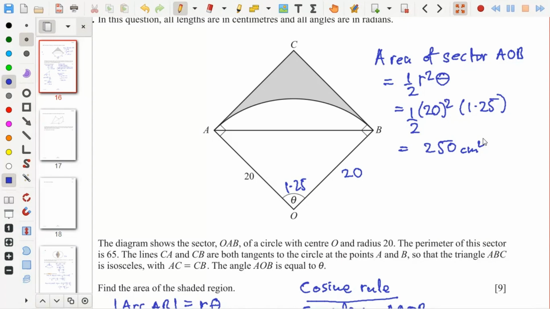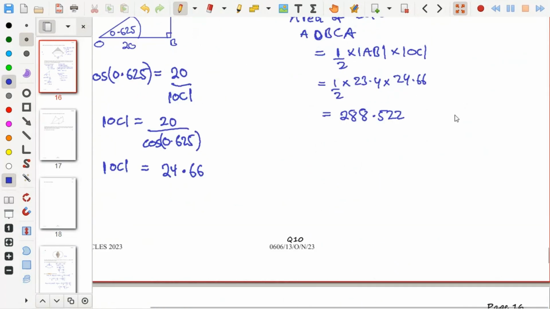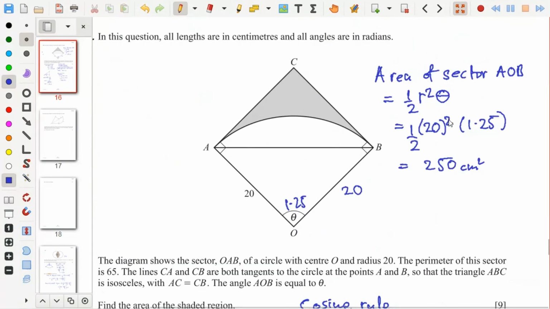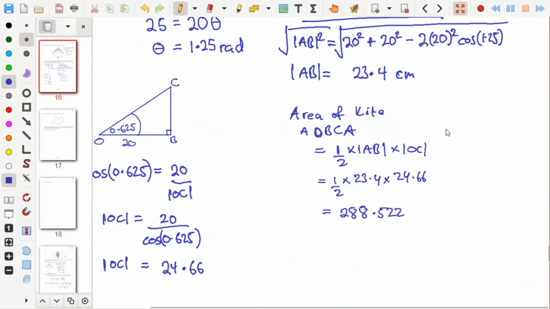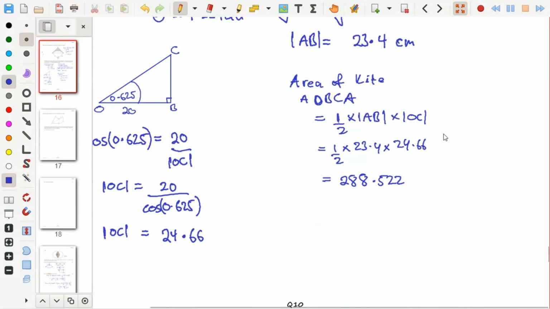So now the shaded area is the area of the kite, which is 288.522, minus the area of the sector, which is 250.